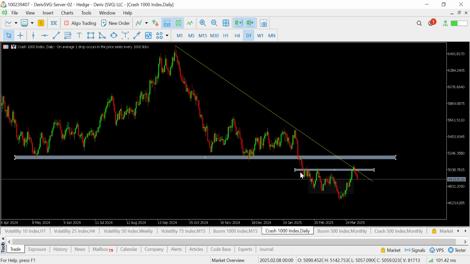What do I mean? This is a very good area for a liquidity grab in the sense that once the market gives an indication that it's likely to come downwards here, a lot of people are going to hop into this trade, and guess what? Their stop losses would be here.